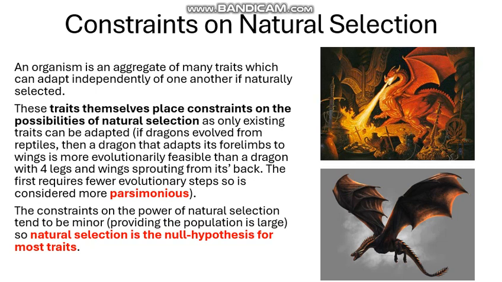So basically what I'm trying to get at is, if you go from a regular lizard, it only has 4 limbs. So if it's going to become a dragon, that dragon is going to only have 4 limbs, unless it somehow has some kind of homeobox development where it's deformed and it has extra limbs. But for simplicity's sake, we'll just ignore that because it's a lot less likely anyway.